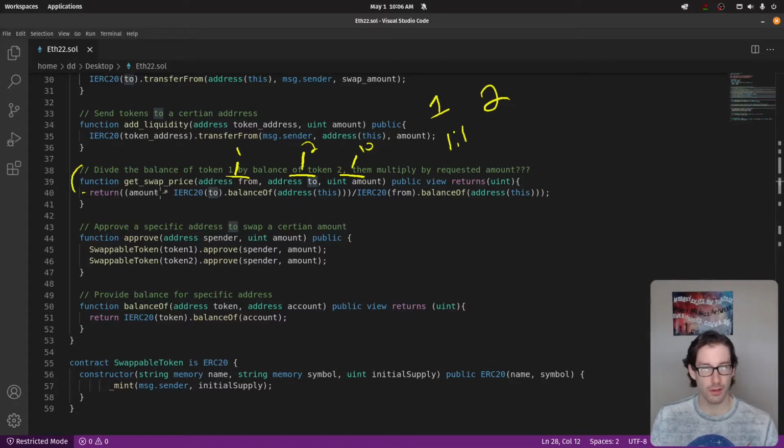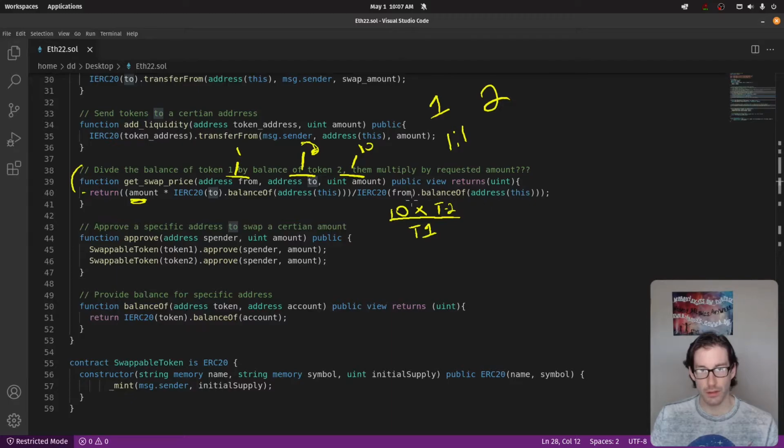This is the formula that we're going to run through that I showed you earlier. Here what's happening is we're going to say I want to take this amount of 10, which is this, and then multiply that by the balance of the token 2 address. So how much token 2 do we have? Then we divide this, say this is T2, by the balance of the address we're taking it from, which is token 1.